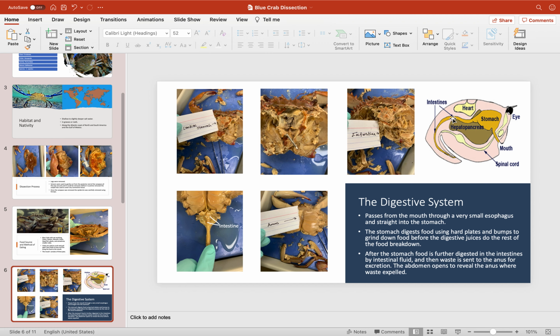The first half of the intestine will be right here underneath the heart, and the latter half actually stretches into the abdomen right here, which is usually closed but is pictured opened up here so that you can see everything. From there it passes all the way through and is excreted out of the anus as the abdomen opens up, allowing it to do so.